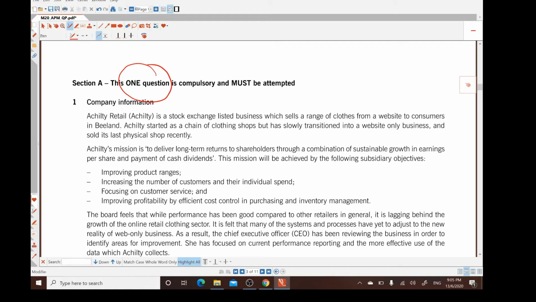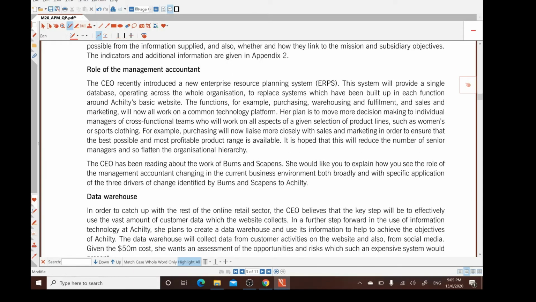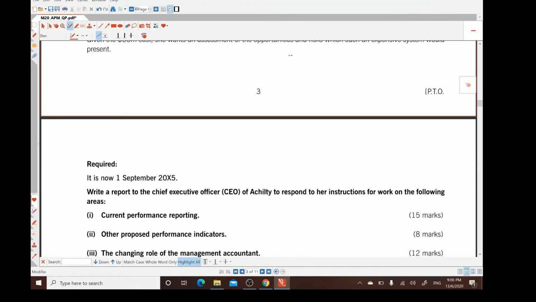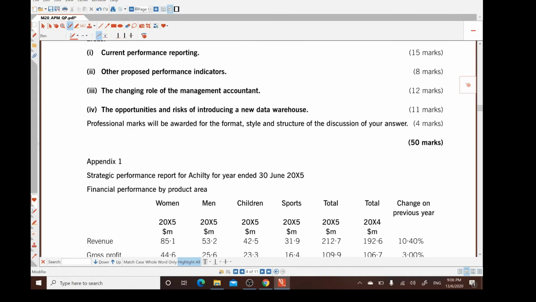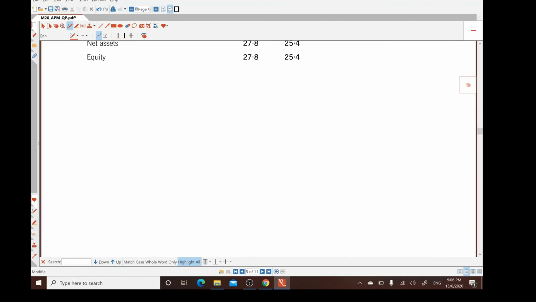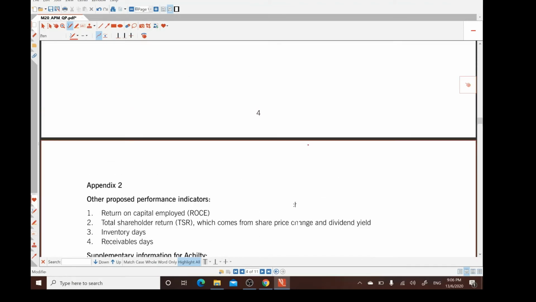The first step that you must always remember for you to go through the very first question is to see what information is provided in the case study. It's a pretty long case study right here, starting from page number 3 and all the way to page 5, I would say. That's the appendix number 2.